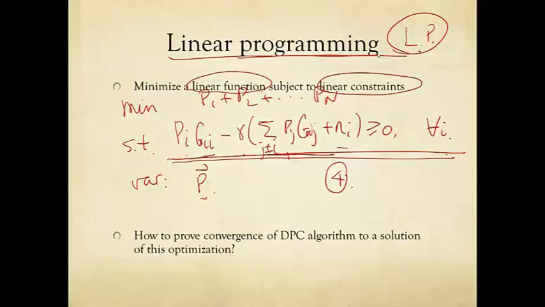In the advanced material part of the lecture, or in section 1.4 of chapter 1 in the textbook, we will see the proof of convergence of the DPC algorithm to an optimizer of this problem. In other words, the DPC algorithm is actually a distributed solution method to solve this specific linear programming problem in the physical context of a wireless cellular network.